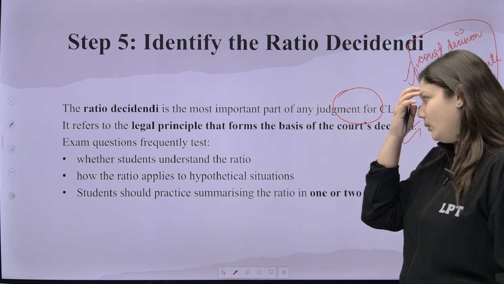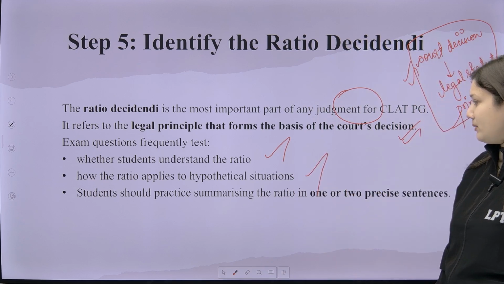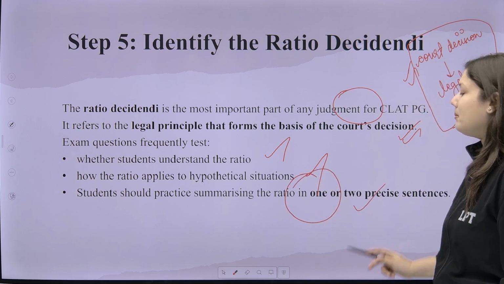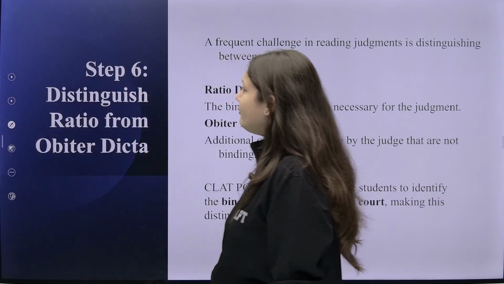Exam questions frequently test whether students understand the ratio, and how the ratio applies to hypothetical situations. Students should practice summarizing the ratio in 1 or 2 precise sentences, right? That is how you have to look at the 5th step.